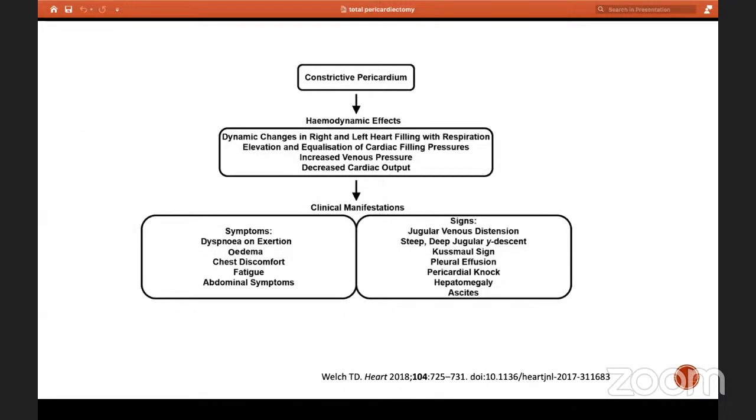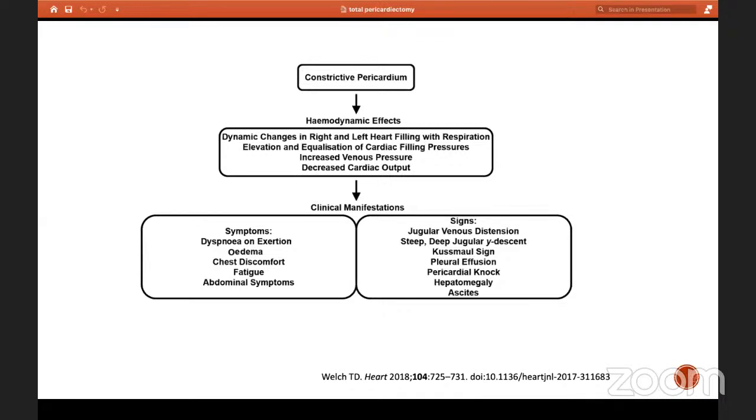The hemodynamic effect of the constrictive pericardium causes dynamic changes in the right and left heart filling with respiration. It also causes elevation and equalization of the cardiac filling pressures of both ventricles and atria and increases the venous pressure, which leads to decreased cardiac output.